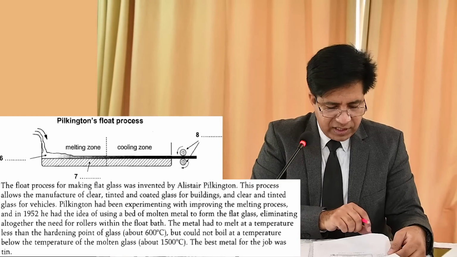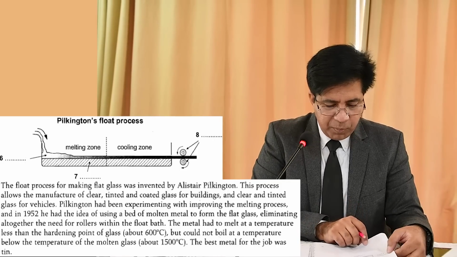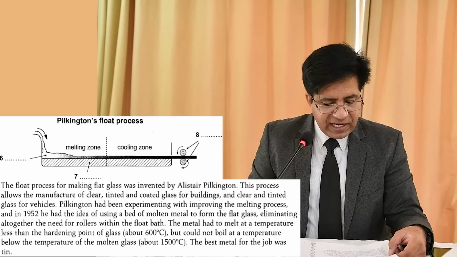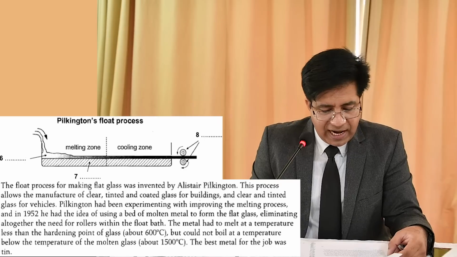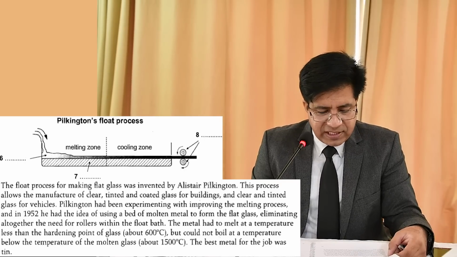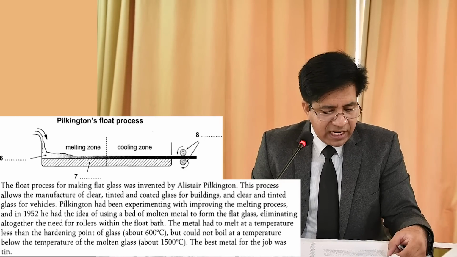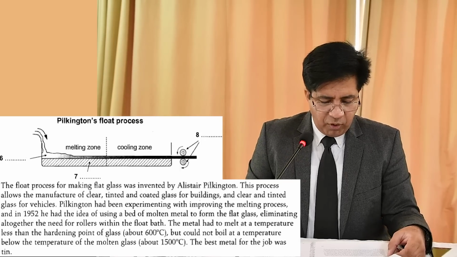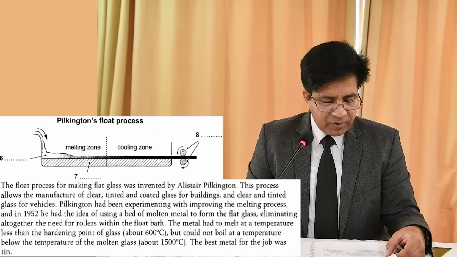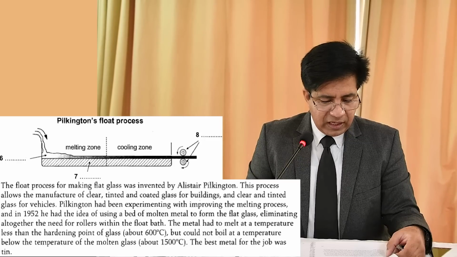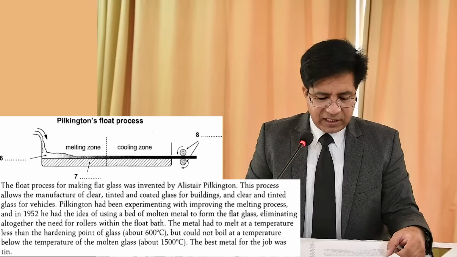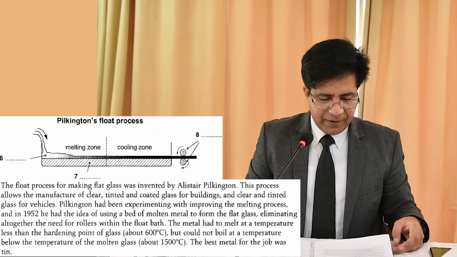No, melting zone is already there. This molten metal is something different. Let's just go on, we read on. We didn't find the answer yet. The metal had to melt at a temperature less than the hardening point of glass, about 600 centigrade, but could not boil at a temperature below the temperature of the molten glass, about 1500 centigrade. The best metal for the job was tin.